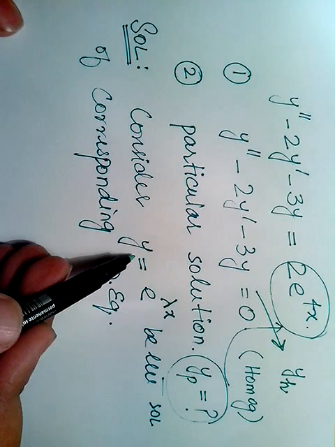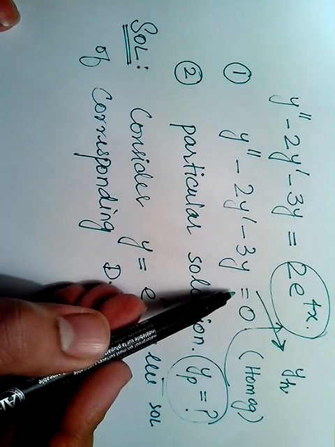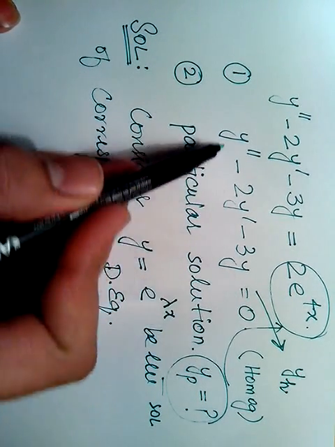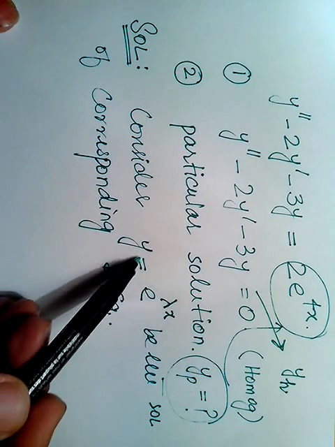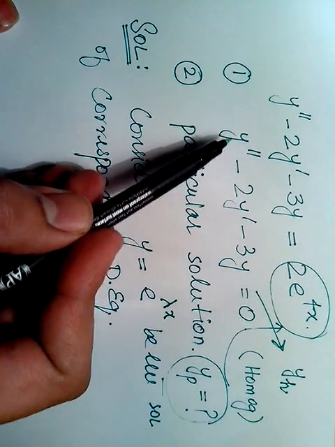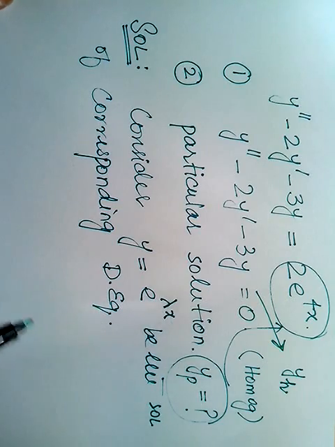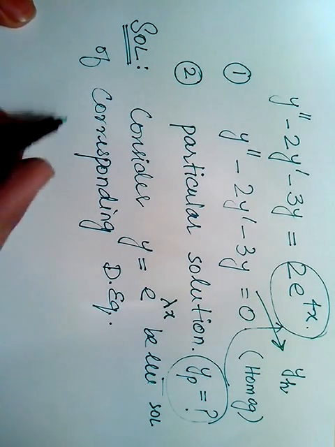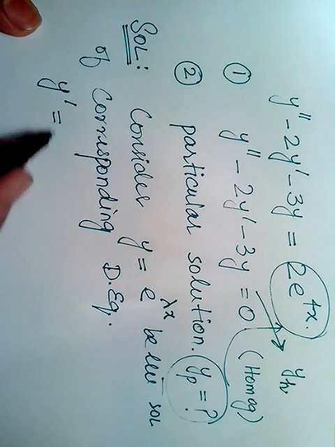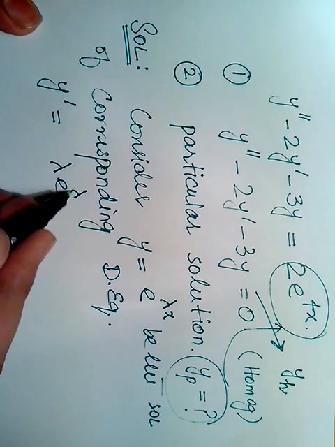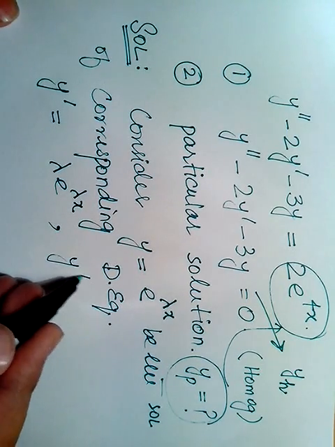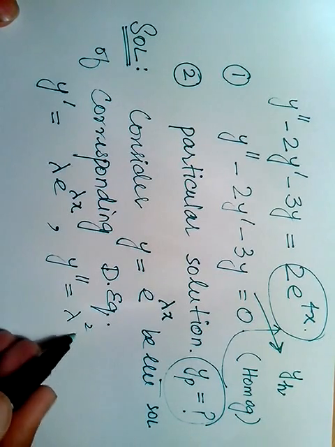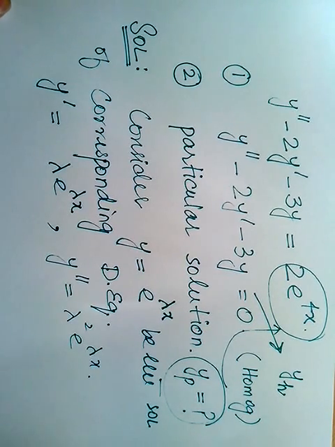If this is the solution of this homogeneous differential equation, it should satisfy it. So we need to take the first derivative and the second derivative and plug them into this differential equation. The first derivative is lambda e raised to power lambda x, and the second derivative is lambda square e raised to power lambda x.